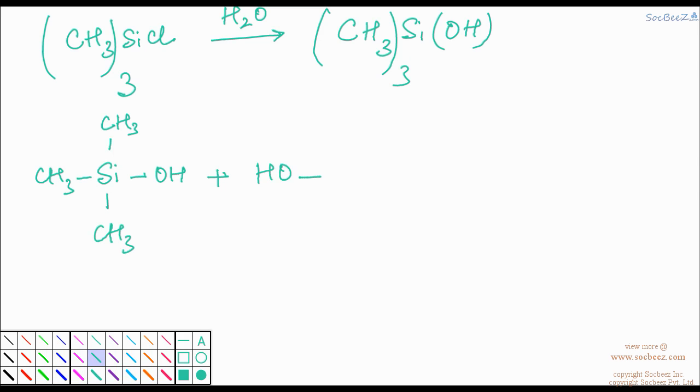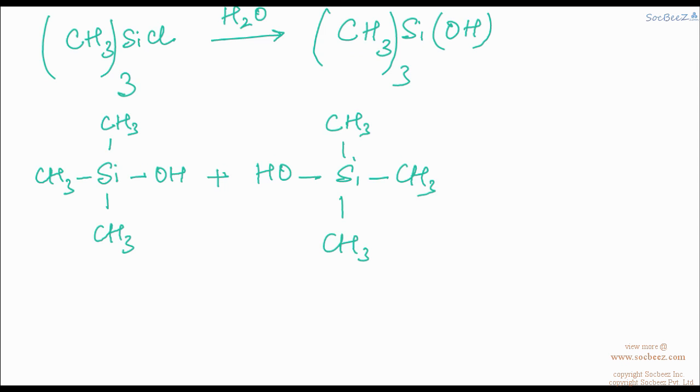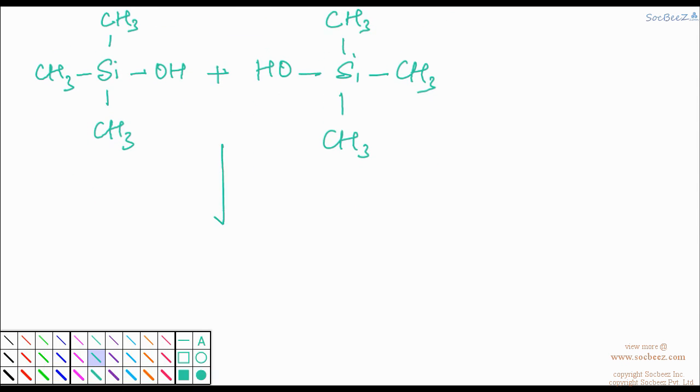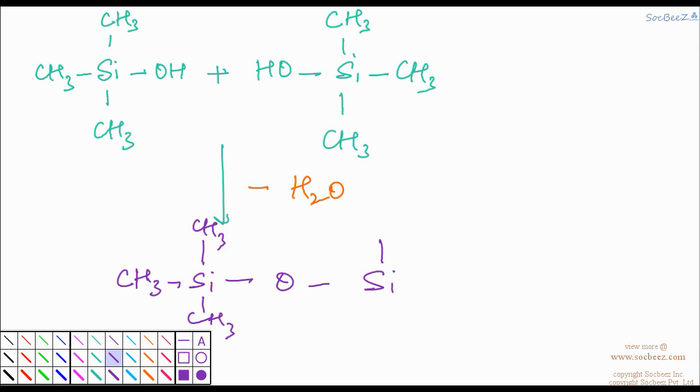When it reacts with another molecule of (CH3)3SiOH and you remove water, minus H2O, you get (CH3)3Si-O-Si(CH3)3.